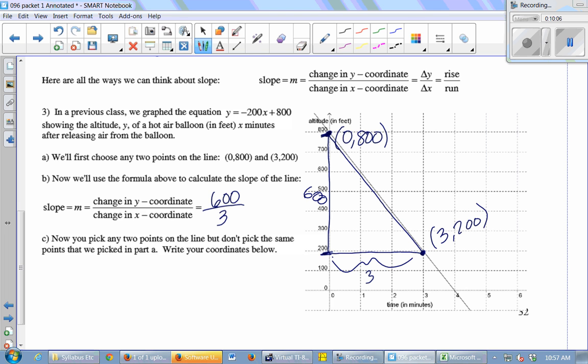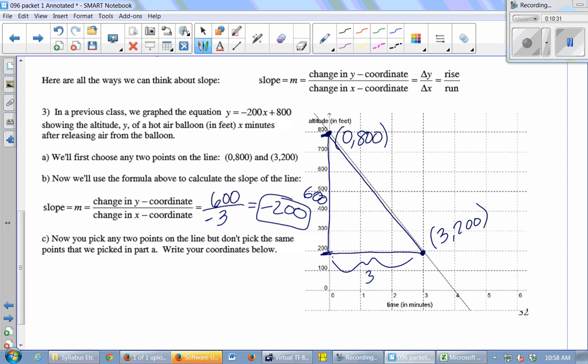So if you did 800 minus 200, you have to do 0 minus 3. And the order actually doesn't matter. I could have done 200 minus 800 and 3 minus 0, as long as you do it the same for both coordinates. So that comes out to negative 200. Okay.